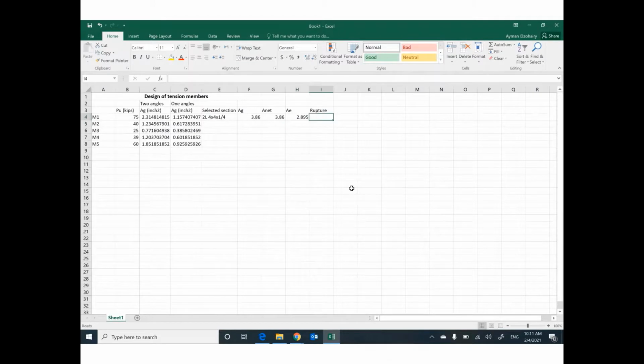So the capacity against rupture equals 0.75 times area effective times F ultimate, which equals 125. Is 125 greater than the P ultimate? Yes, it is. So it's safe.